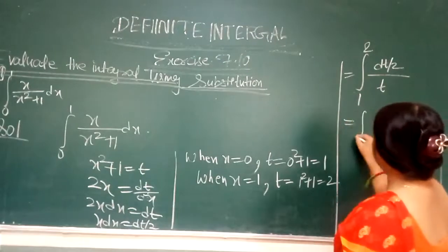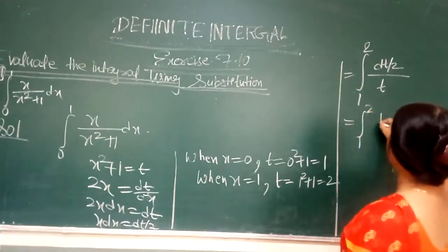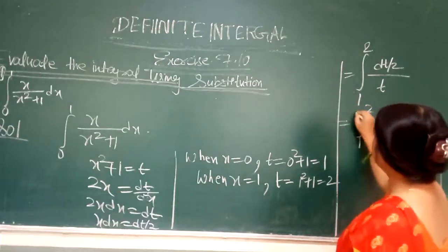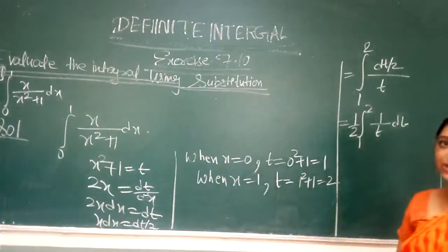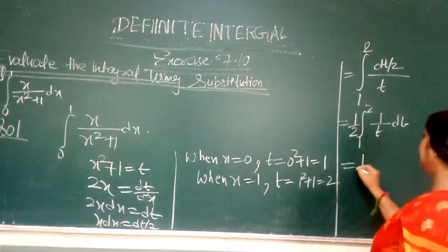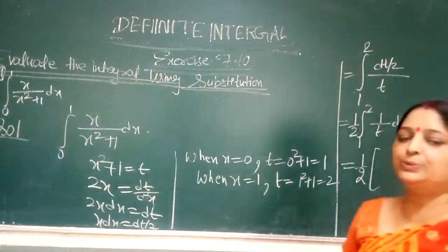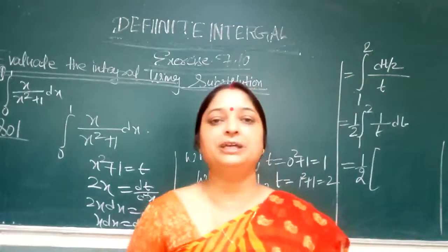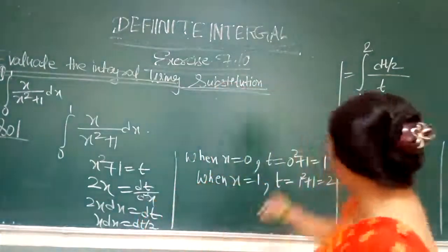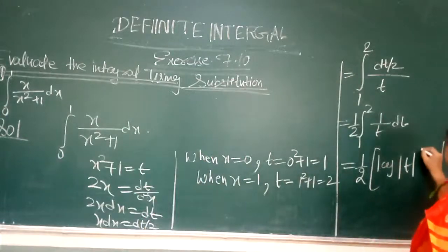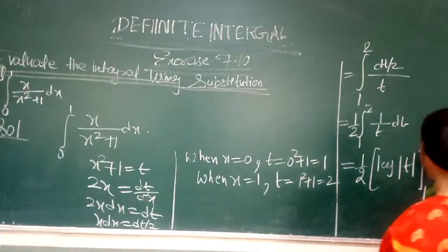After that it will come the integral from 1 to 2 of 1 by t dt, and this 1 by 2 is outside the integration. You know that the integration of 1 by x is log x. So it will come log mod t, and the limits are 1 to 2.